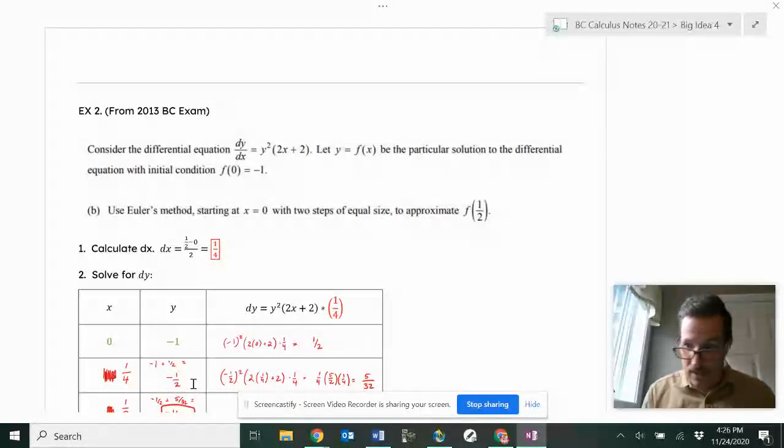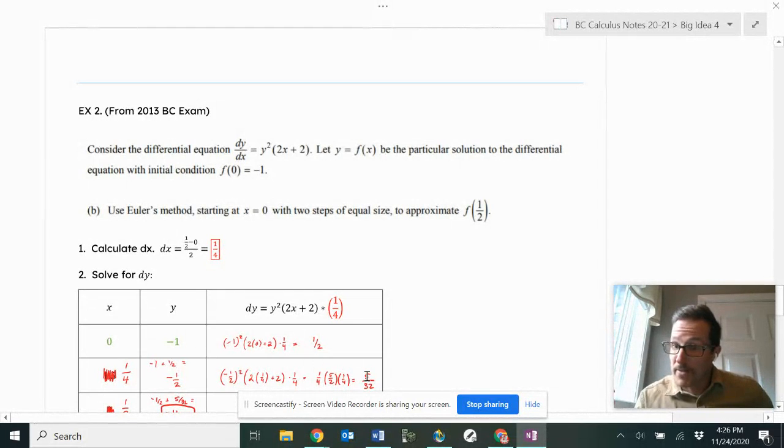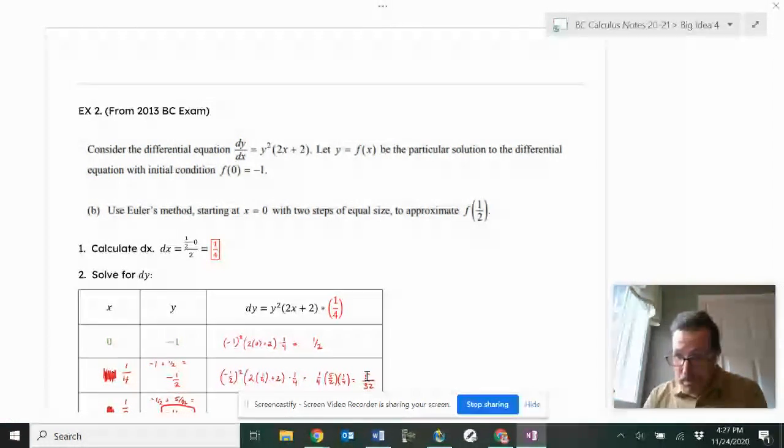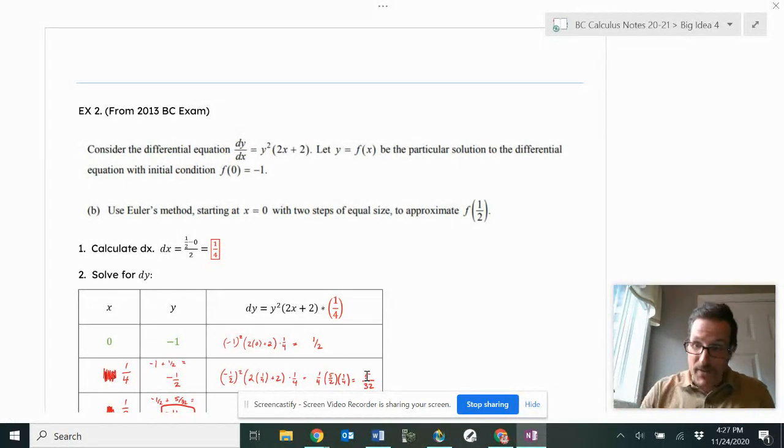So we just need to calculate dy again. Put both of those points into the right places: -1/2 in for y, 1/4 in for x, and we calculate that to be 5/32. Now we're going to move 1/4 in the positive x direction and up 5/32.